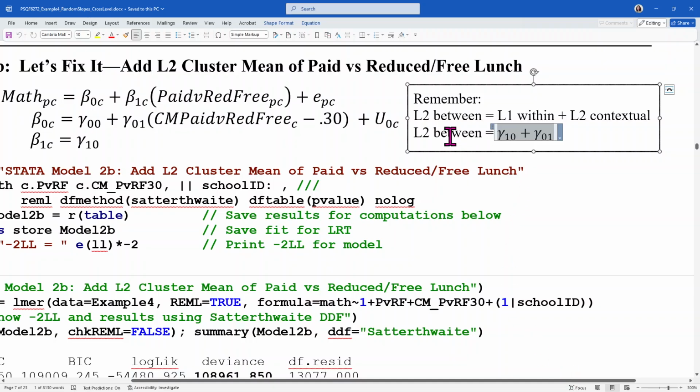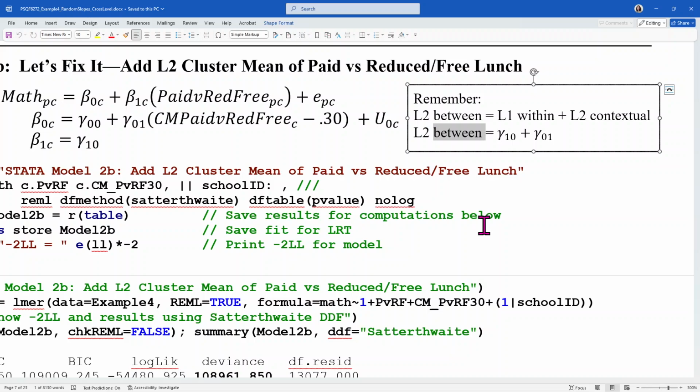What if I wanted the between directly in the model? Is there a way I could set it up to get that instead? What could I do instead that would render level 2 between instead of contextual? Exactly, cluster mean center.